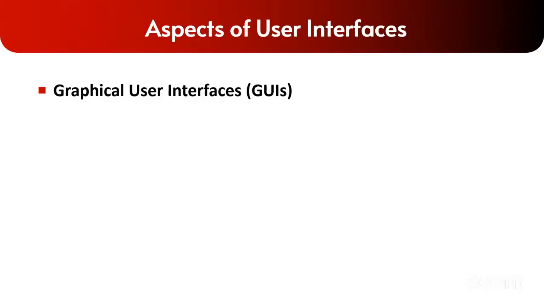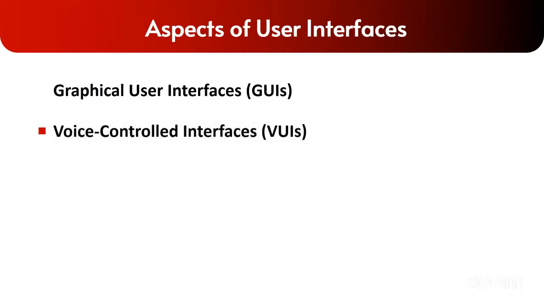This is another type of user interface. So we have the graphical user interface. Then we also have voice-controlled interfaces, or VUIs. I gave an example of Alexa, all right? Also, for some of us that have iPhone, there's another assistant there called Siri. For some of us that use Android, there's one called Google Assistant, where you use verbal command to instruct the device to get things done.